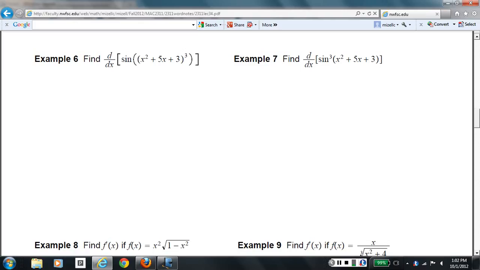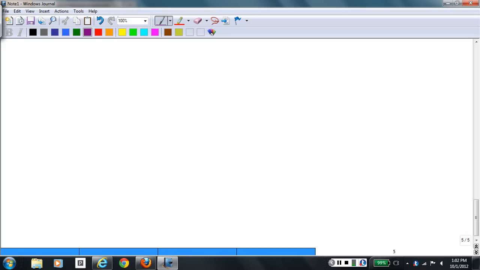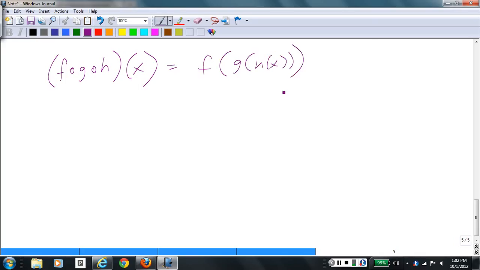When you studied composition of functions, f composed with g composed with h of x is equal to f of g of h of x. So there's something kind of like that going on with these next two examples.